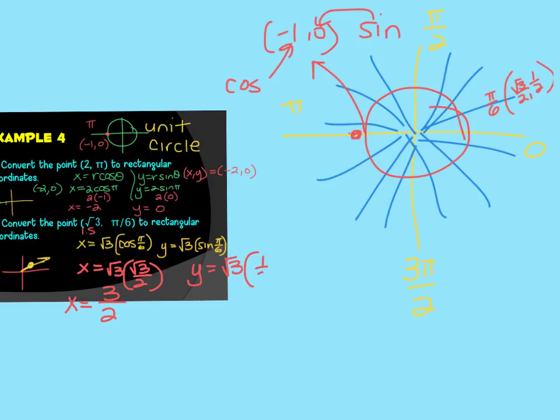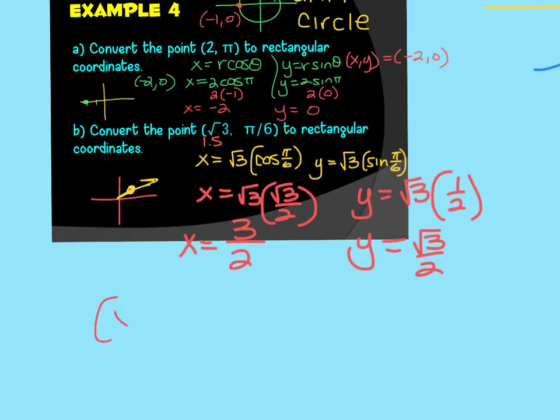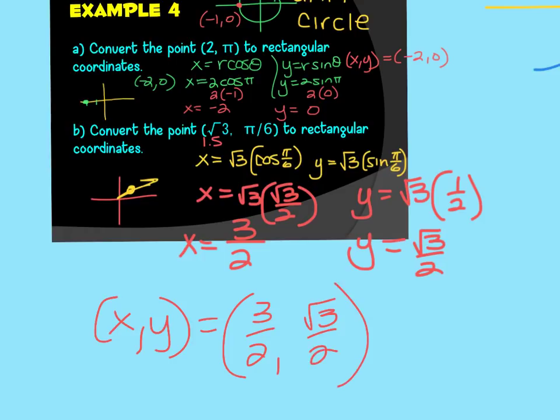Root 3 times 1/2 is going to be root 3 over 2. So the answer to that would be x comma y equals 3 over 2 and root 3 over 2. And to approximate that, that'd be like 1.5, and then root 3 is like 1.4 divided by 2, so it's like 0.7, which would put it pretty close to where we estimated it to begin with.